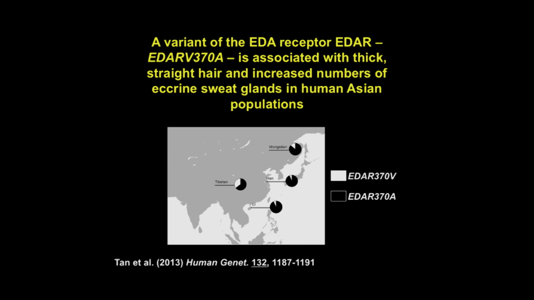And in Asian populations, this variant receptor is specifically seen in people who have thick, straight hair and increased numbers of eccrine sweat glands. So particularly in the Li and Han populations, this variant is extremely predominant.